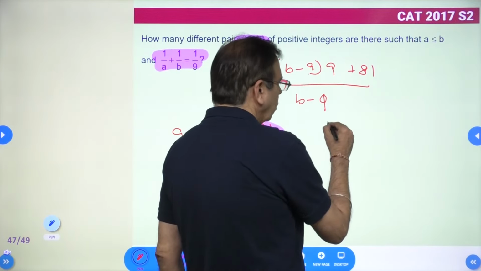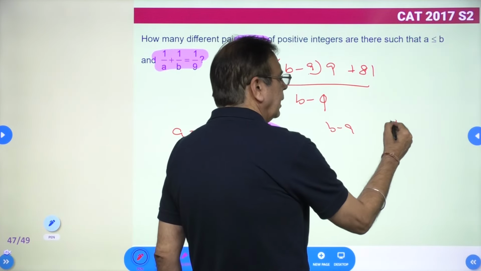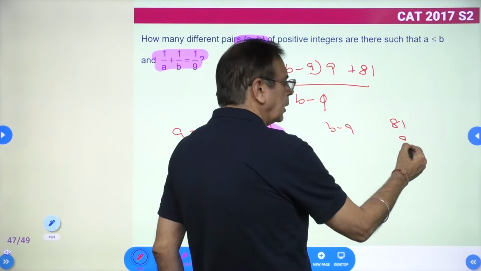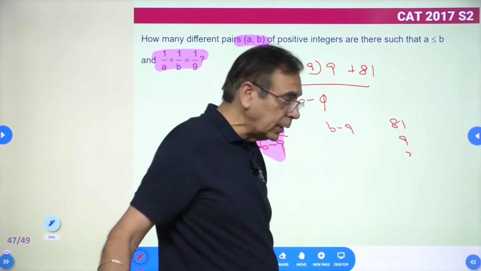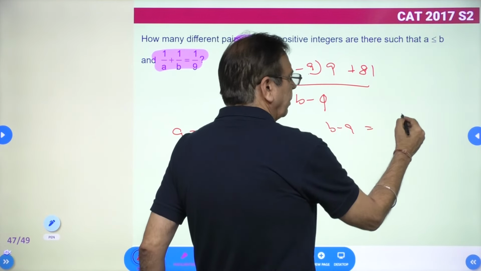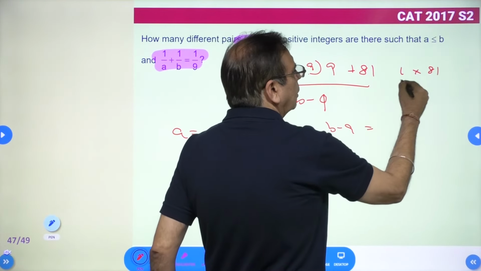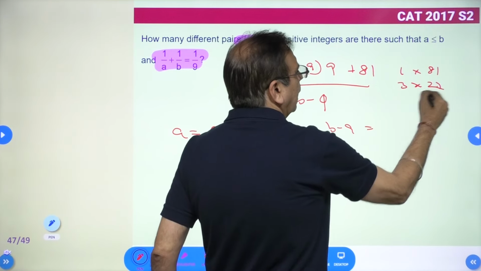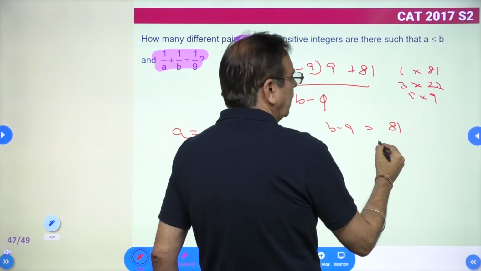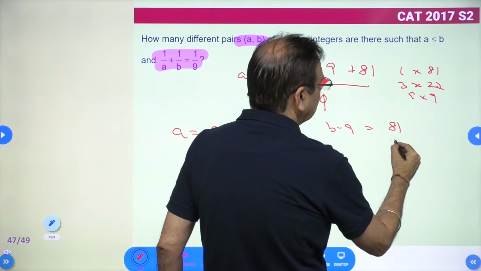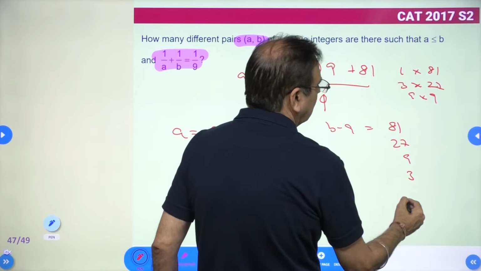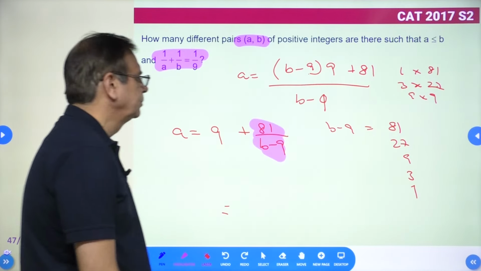Obviously 81, then 27, then 9. Let me put it this way: 1 into 81, 3 into 27 and 9 into 9. So B minus 9 can be 81, 27, 9, 3 and 1.